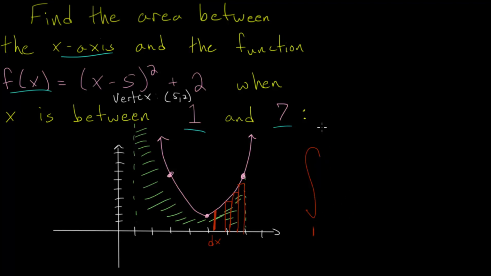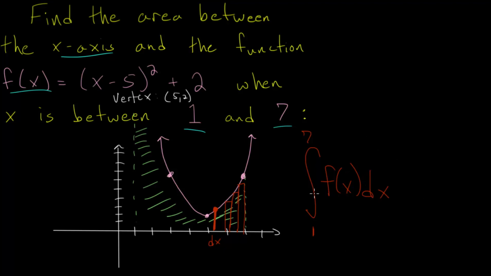We start at 1 for our x value and we go to 7. And we're integrating this function f of x. But we're adding up all these rectangles, so we need to find the area of that rectangle. It has a height of f of x, that's just the function value, and its width is this very tiny amount, which we call dx.